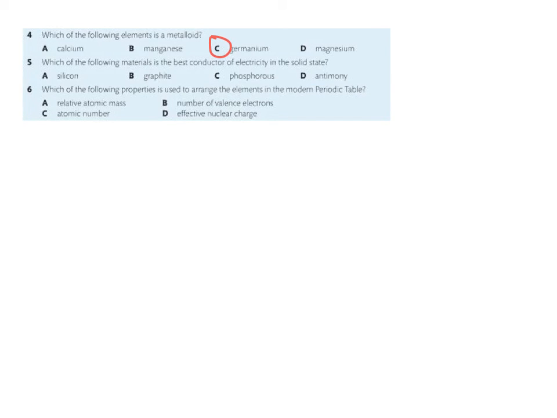Number 5, which of the following materials is the best conductor of electricity in the solid state? With number 5, I'd assume it's a metal, but when I look at these, silicon is not a metal. Graphite, it's not even an element, although it is, it's carbon. Phosphorus is a nonmetal, and antimony is along the metalloid border there.